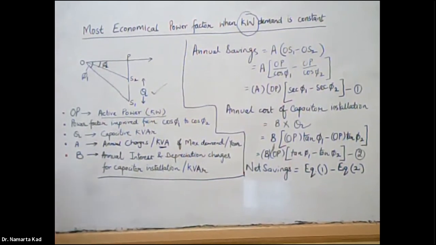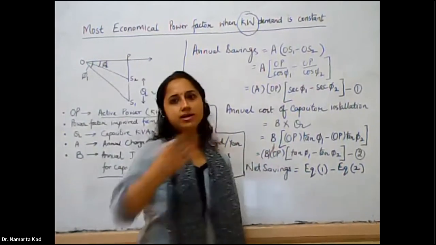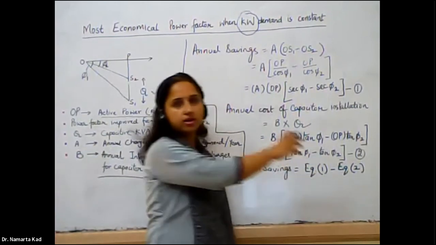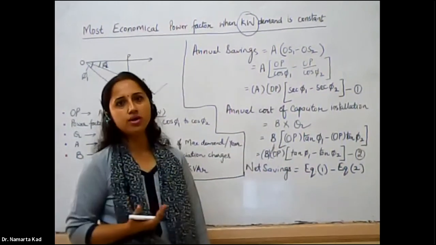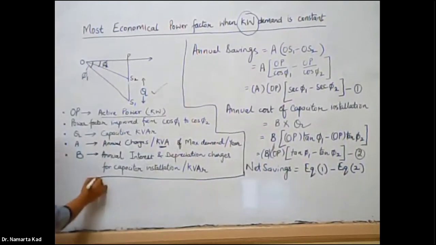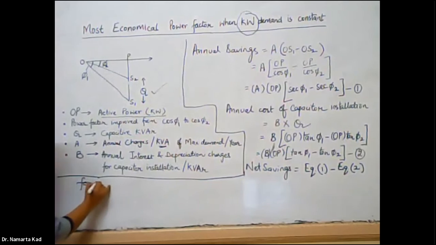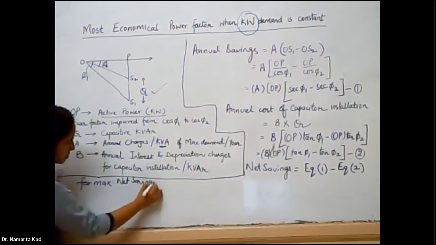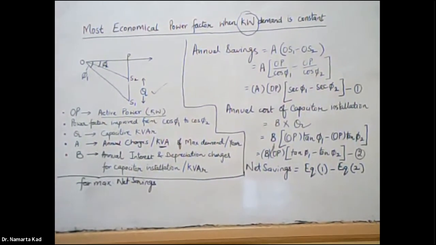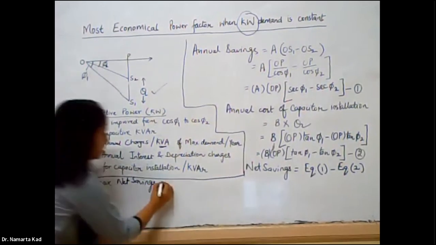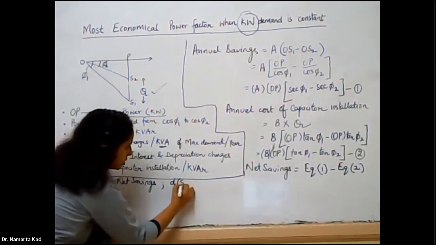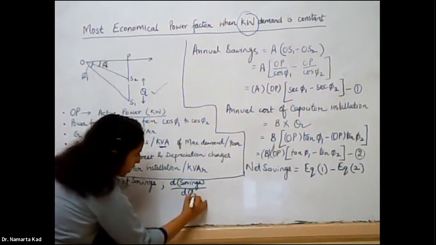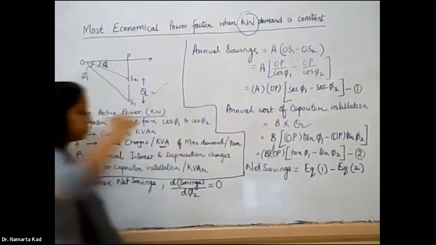And now my motive is to maximize the net savings. And how to maximize the net savings? Just differentiate with respect to phi 2 and equate it to 0. For maximum net savings, differentiate savings with respect to phi 2 and equate it to 0.